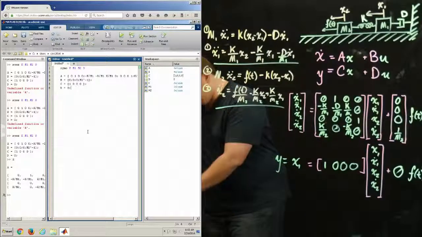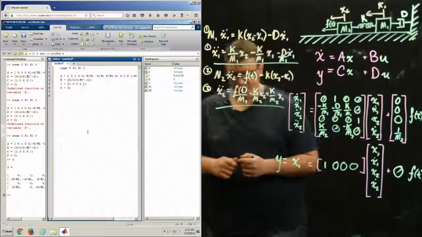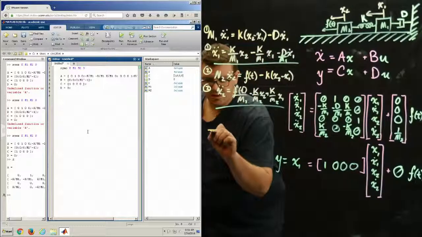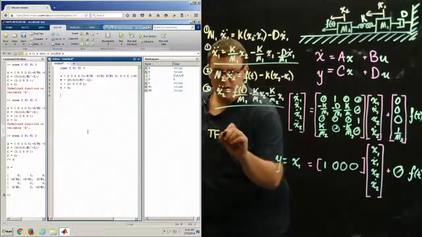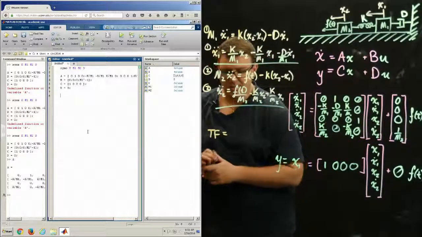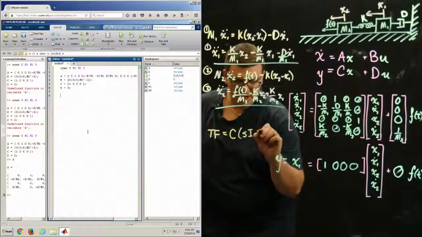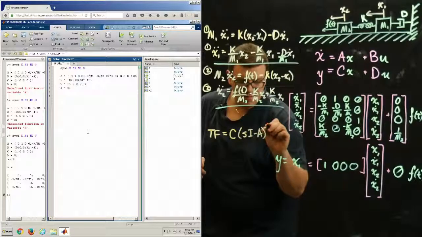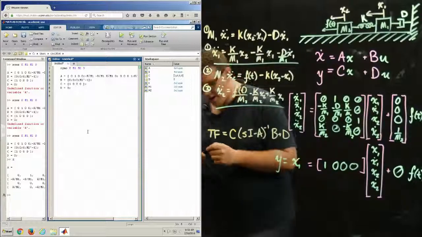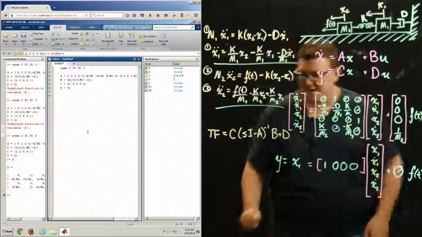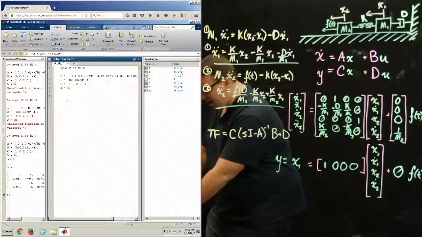One nice thing we can do with this is we know a formula for the transfer function of a system. The transfer function from f to x1, if you have a state space representation, is equal to C times (sI minus A) inverse times B plus D. We want to be able to calculate this.